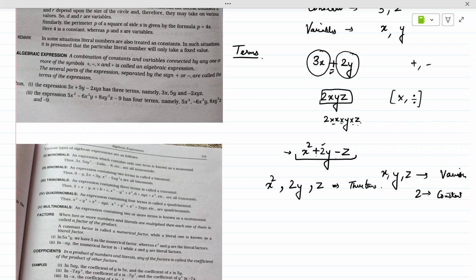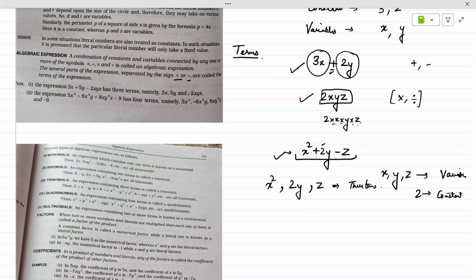A combination of constants and variables which are connected by any one of the symbols plus, minus, multiplication or division is called an algebraic expression. Like we have seen 3x plus 2y, 2xyz and this. All these three are algebraic expressions. And the several parts of the expression which are separated by plus or minus are called terms of the expression.